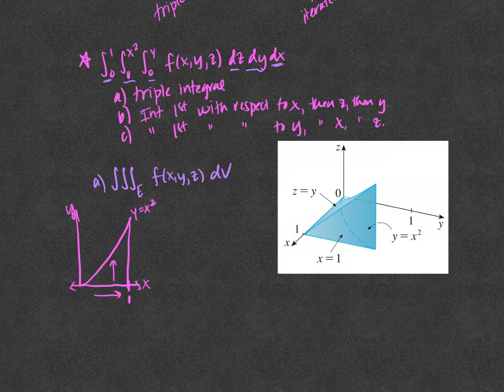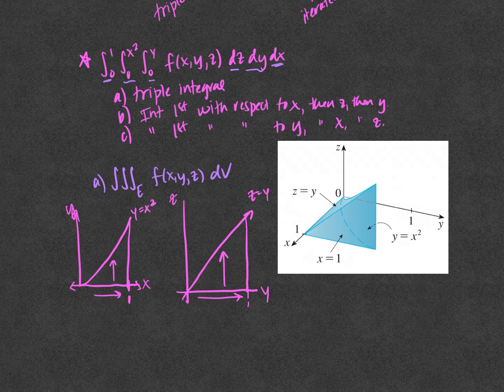So now let's look at the yz plane. So here's y, and here's z. So y goes from 0 to 1, and z goes from 0 to y. So this is technically the line z equals y. So you can see it's happening like that.